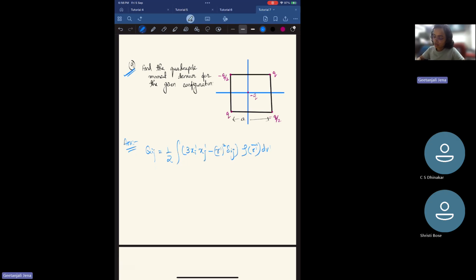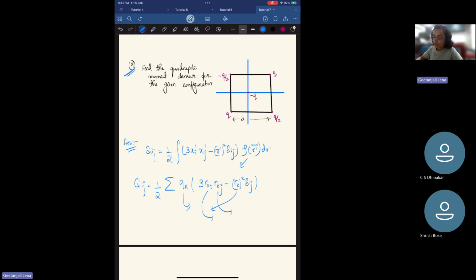To simplify it, instead of writing rho in terms of q or in terms of the delta function, we can take Q_ij as half the summation over k of q_k (3 r_ki r_kj minus r_k squared delta_ij). Here q_k means the kth charge and r_k means the position of this kth charge, r_ki means the ith component of the kth charge, and r_kj is the jth component of the kth charge.